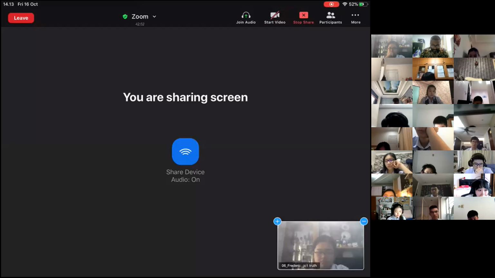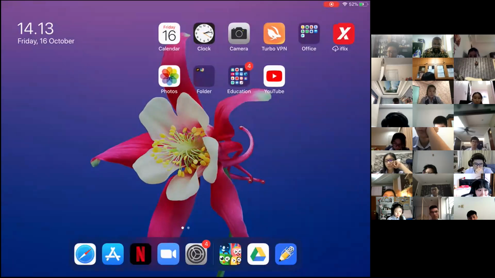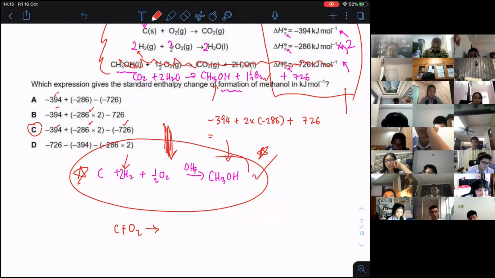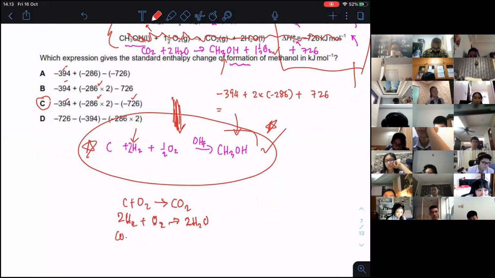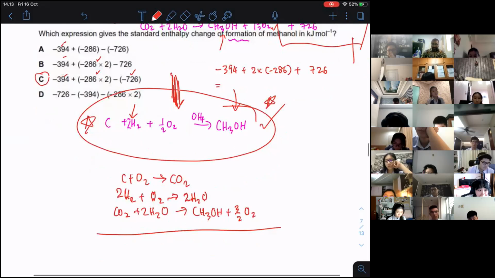Now let's write down, for example, C plus O2 to give carbon dioxide, and then 2H2 plus 2 over 2 is going to be O2, 2H2O, and then CO2 plus 2H2O gives CH3OH plus 1 over 2 is 3 over 2 O2. I'm going to add all this together. Let's see whether we are getting this or not.